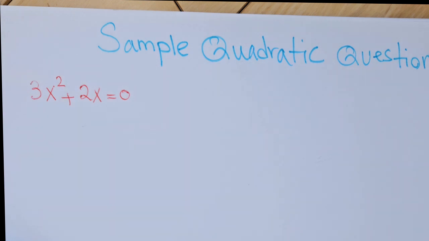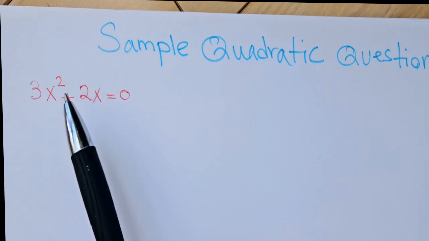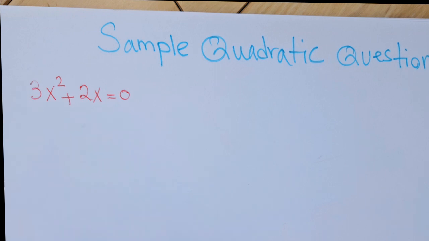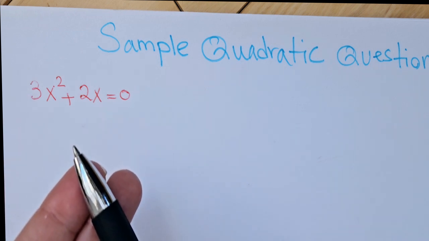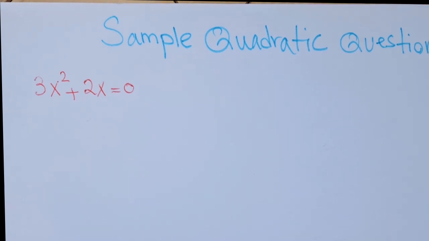So here, if you take a look at this quadratic equation, you would see that the x squared term is here, the x term is here, but the constant is missing. So I can either use factorization or the formula. I will try to use both methods because right now we're just trying to explore different methods and see which one is more effective.